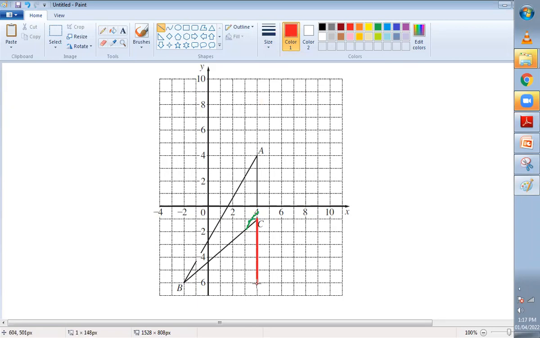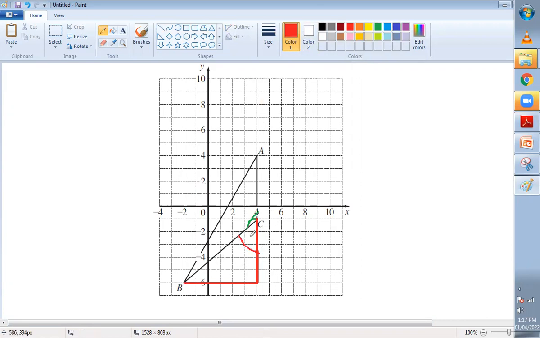Let me first show you the right angle triangle which I'm going to use here. Okay, so what I will do, I will find the cos of this angle. It's a right angle triangle.